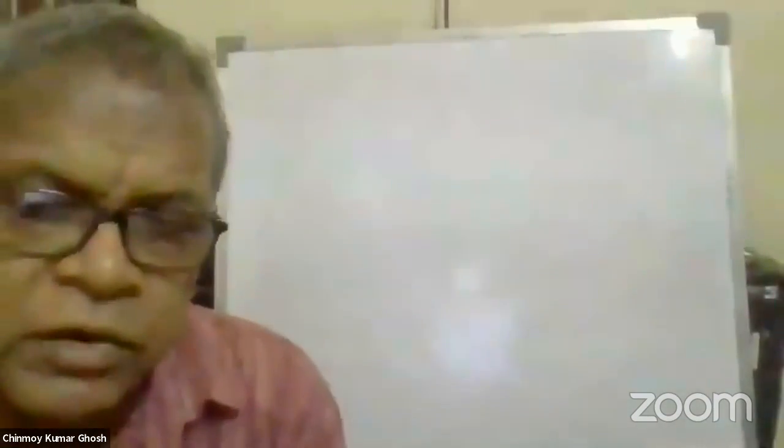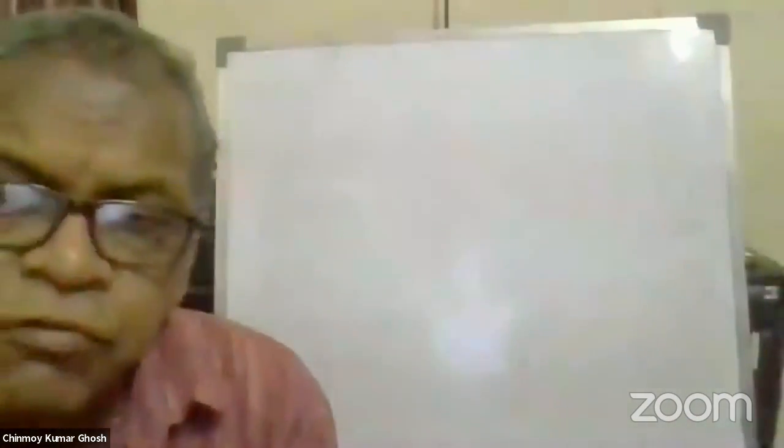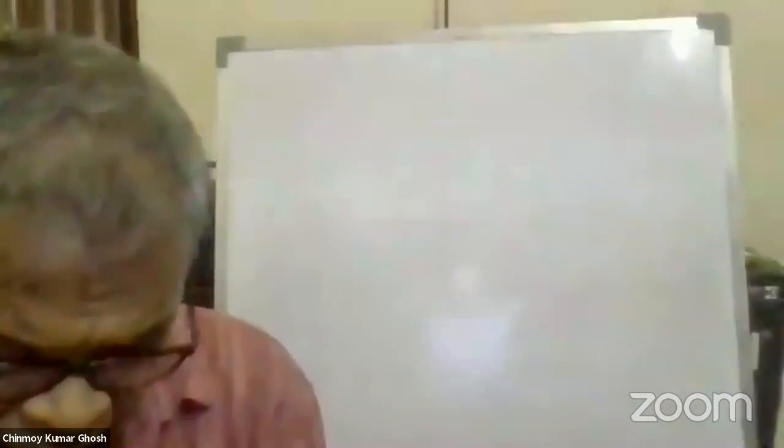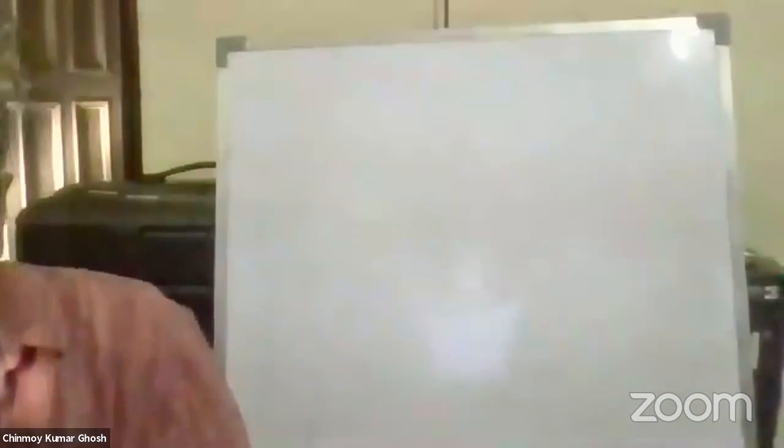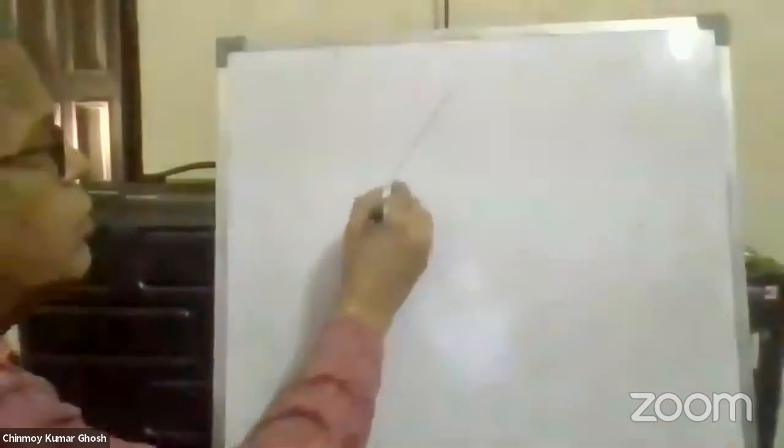Actually, the other day, I was hinting at certain misconceptions which I feel the students should be made aware of. Like the very definition of angle. We have studied that if two straight lines meet at a point, like what you see on the board, we get an angle.